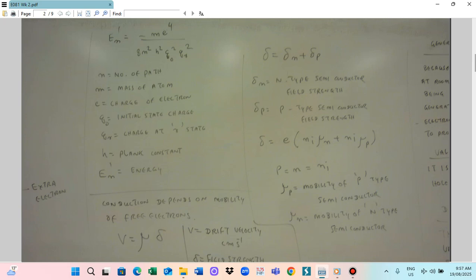E is the electron charge, and mu n and mu p are the mobility of the n-type and the p-type semiconductors. So mu p is the mobility of the p-type semiconductor, and mu n is the mobility of the n-type semiconductor.